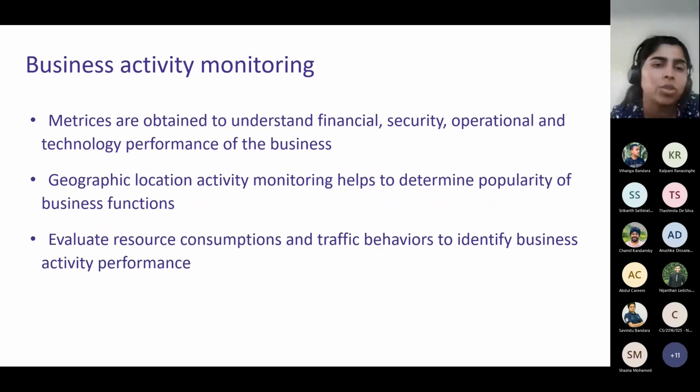So when it comes to business activity monitoring, there are several monitoring needs. Metrics are obtained to understand the financial, security, operational, and technology performance of the business. When it comes to business performance, it's not only an automated process; it can be a combination of automated monitoring and manual process.